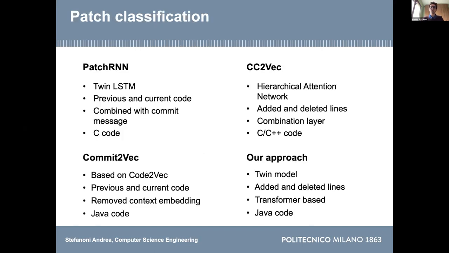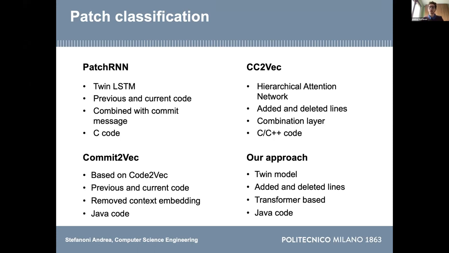Regarding specifically the patches, PatchRNN proposed a twin model with LSTM to analyze separately the added lines and the deleted lines, merging them at a later stage to classify the patches. This is done on C code because most of the resources are available in C and C++ code.